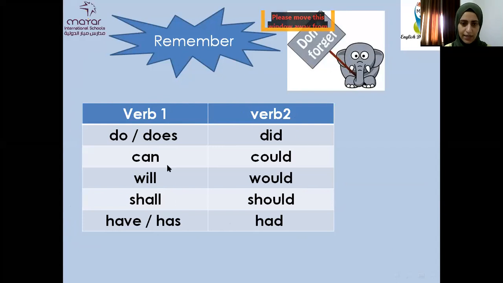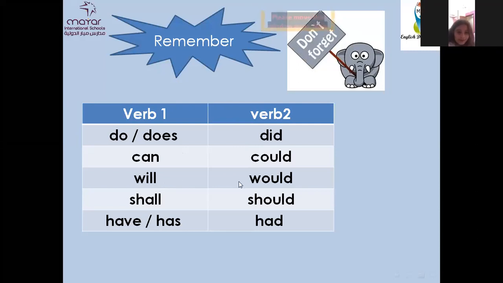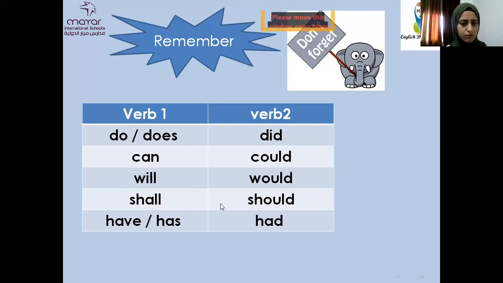Please read them. Do and does in the past are did. What about can? What is the past tense of can? Could. Bravo. Will. Would. Shall. Should. Have and has. Had. Okay, so this is the past tense of these verbs.